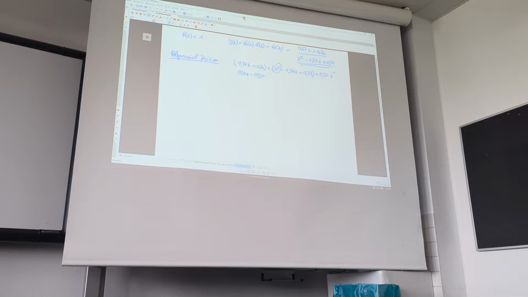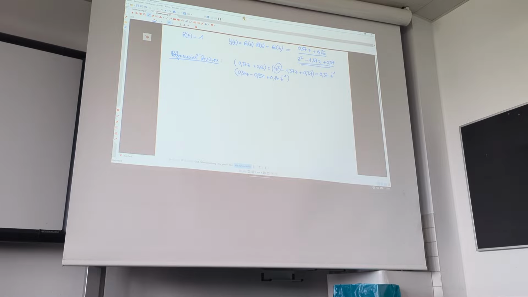And then the last one would be 0.37 squared, what's that? 0.14 times z to the power of minus 1.